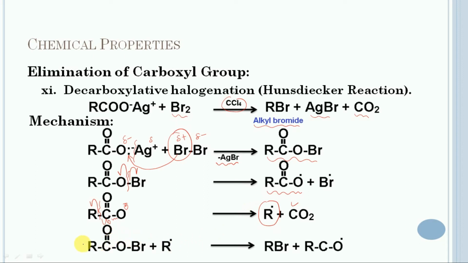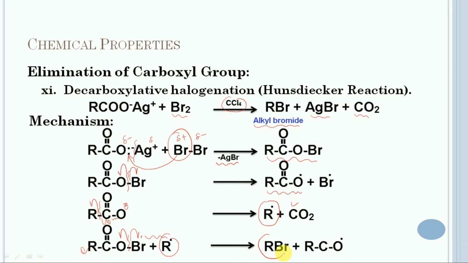Now in the next step, this intermediate compound which was formed in the first step is attacked by these alkyl free radicals. This bond can break homolytically, and each electron will be shared by the two atoms. Now there is a bond formation between the alkyl free radical and the bromide free radical.